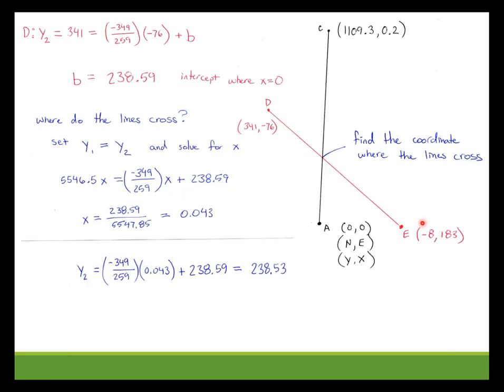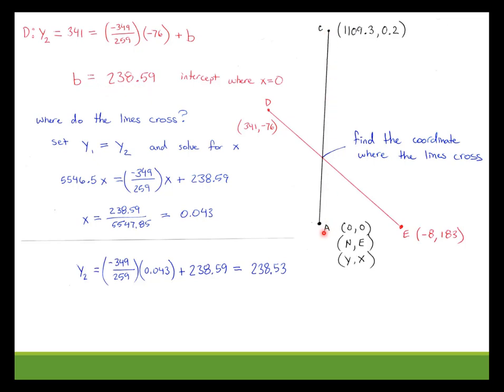In order to solve for the intercept b, we can evaluate the y2 equation at point D. So y2 is the y-coordinate of 341 multiplied by the slope and the x-coordinate at point D. We can utilize this to solve for the intercept, which is where x equals 0, and have a good definition of the line y2.